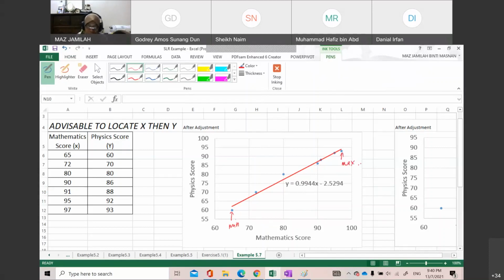Not beyond, not before, not after. But if you extend it, you are going to have your intercept somewhere greater than 55. Let's say maybe 56, maybe 54.